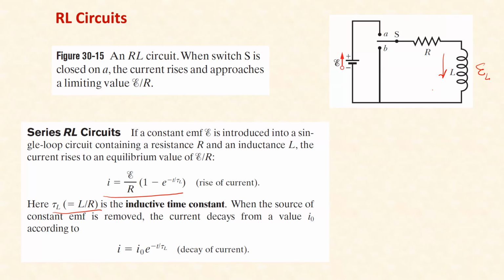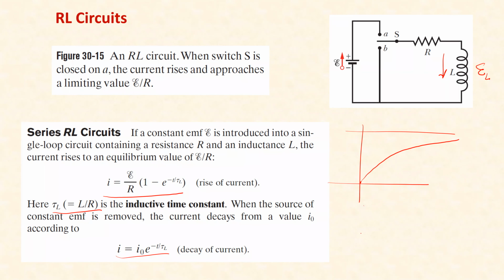Okay, so this is our LR circuit, very similar to the RC circuit. Over there, we had Q equal to maximum Q times 1 minus e to the negative t over tau. Here we have current. The current starts from 0 and goes to maximum like this. Then when you switch it back, it goes from here to 0 like that.